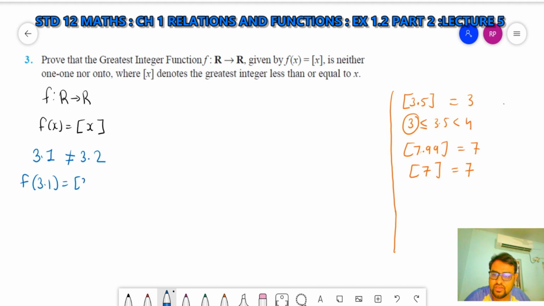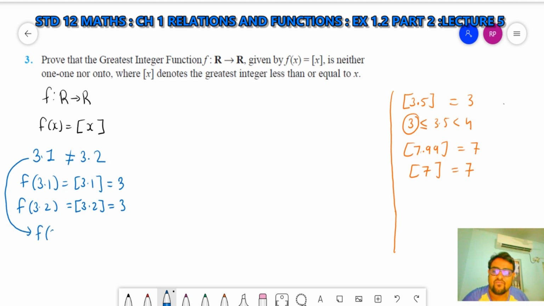This will be equal to the greatest integer not greater than 3.1, which is 3. In the same way, f of 3.2 is equal to the greatest integer function of 3.2, which is also equal to 3. See, 3.1 is not equal to 3.2, but f of 3.1 is equal to f of 3.2. Hence, it is not a 1-1 function.